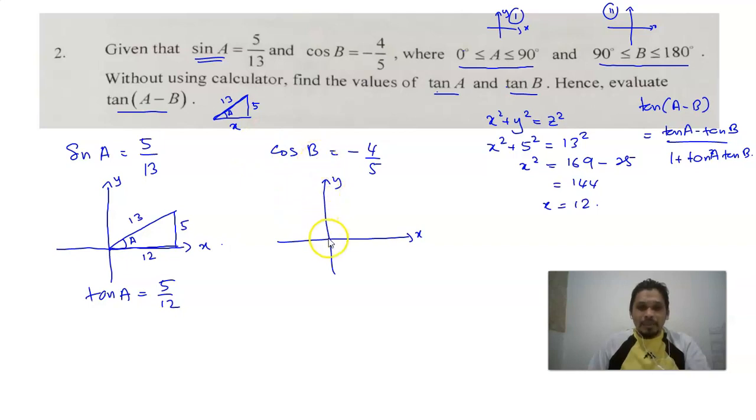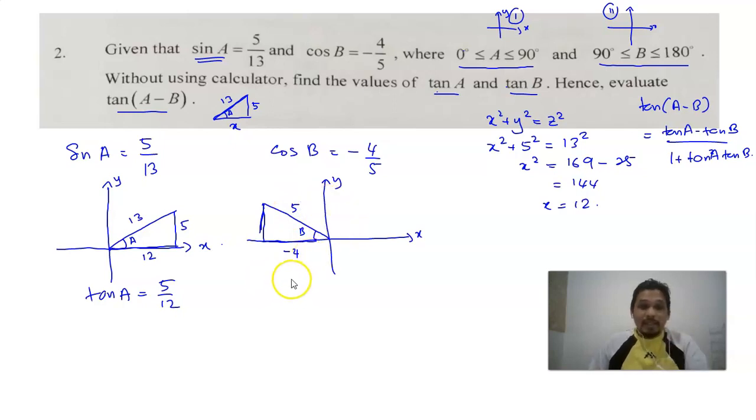Now for this, cos we got, let me make a record, a triangle here. So this is B. Cos is stated as negative 4 divided by 5. Cos is adjacent, which is negative 4, divided by hypotenuse, which is 5.